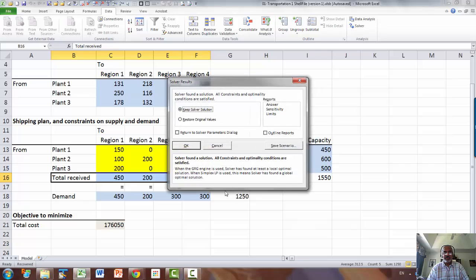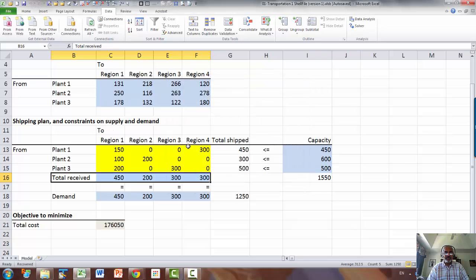Now solve. So we have a solution. There it is. Now if plant 3 was a pseudo plant, for example, in that case 200 units of this 450 in region 1 will not be satisfied, and 300 of this region 3 will not be satisfied. So that's what it would mean.